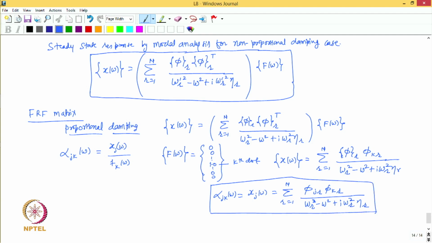And we can also write down the FRF matrix, because this is the relation we got in terms of the x of omega and f of omega vectors. So, the coefficient matrix must be nothing but the frequency response function matrix.